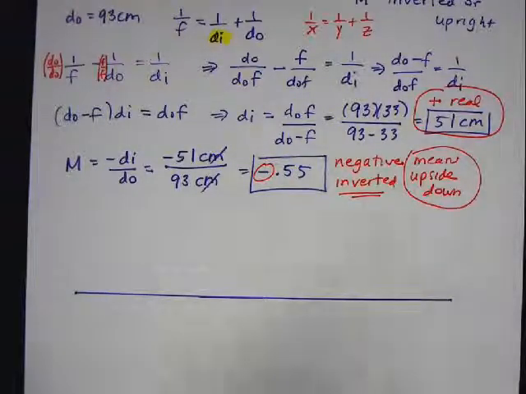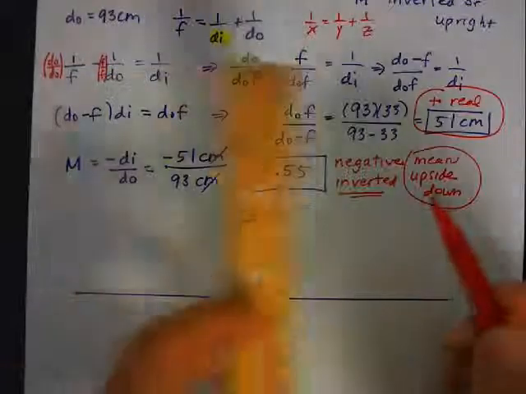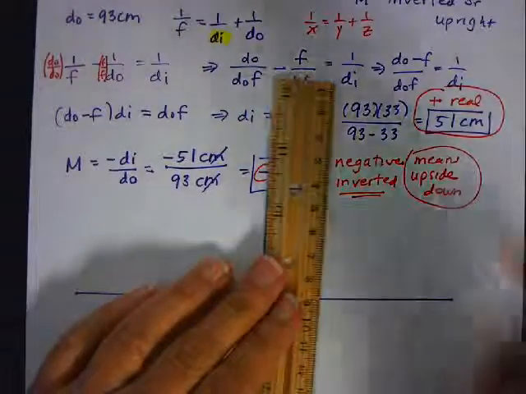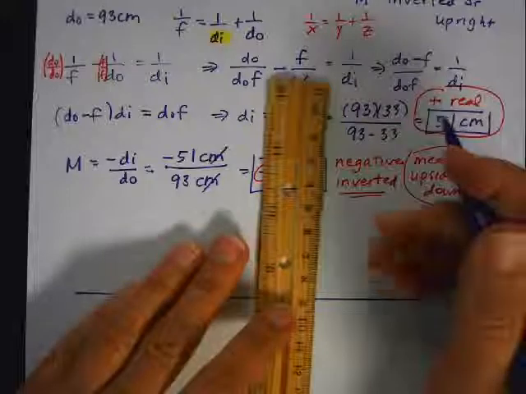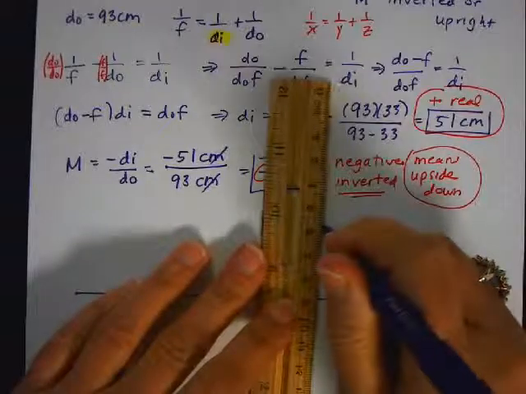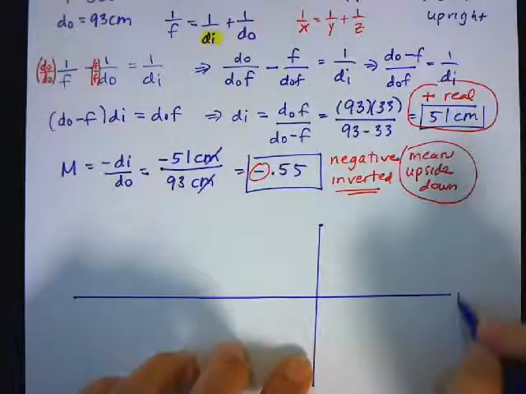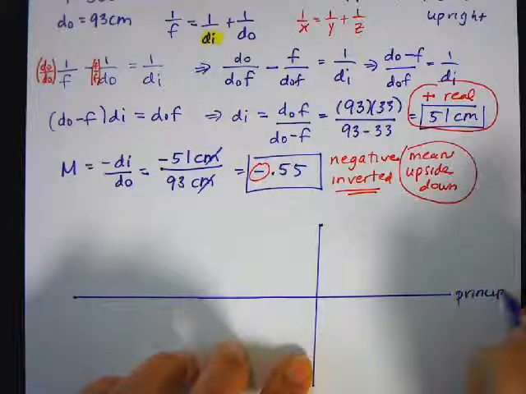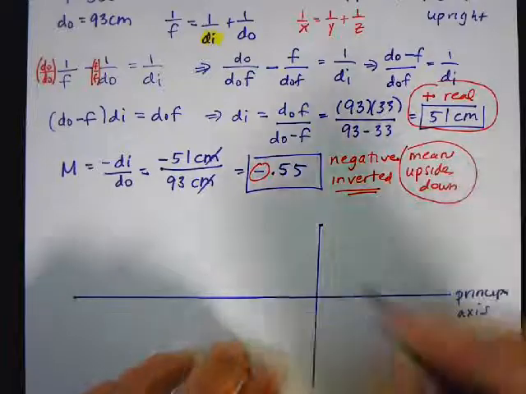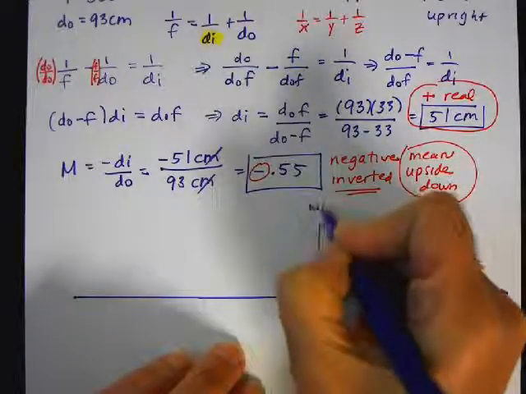Then I'm going to draw a vertical line to represent my mirror, because those are going to be my frame of references. So this is my principal axis, and this is my mirror.